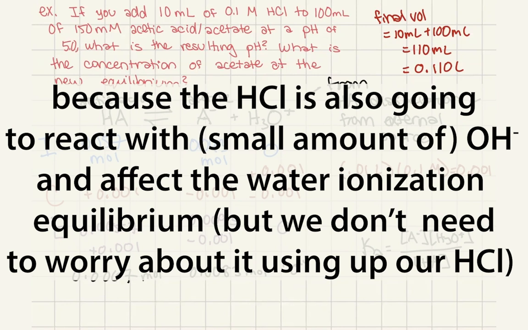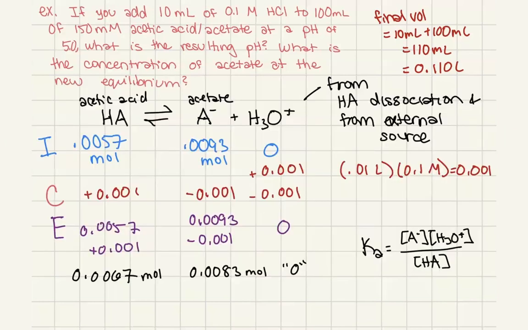Remember, we're adding acid, so we would expect that at the end of the day, we're going to have more protons in that water. But it's kind of complicated, and we're going to figure out the pH based on the Henderson-Hasselbalch equation using the amounts of acetic acid and acetate that we have left over, not based on the H3O+ that we have in this table. And so we'll see at the end how we're going to actually do this.